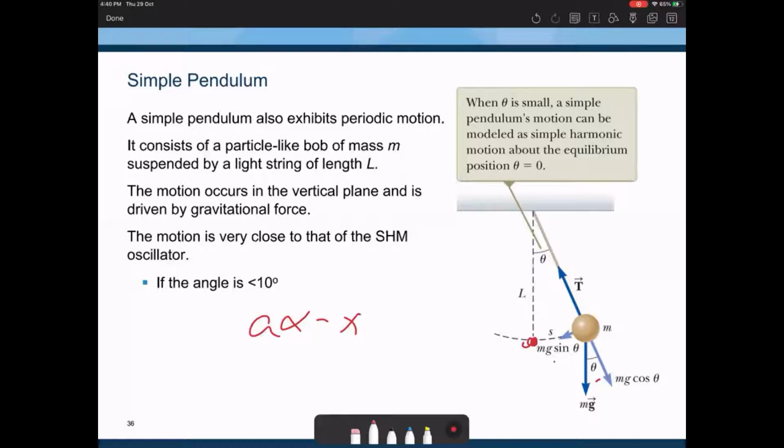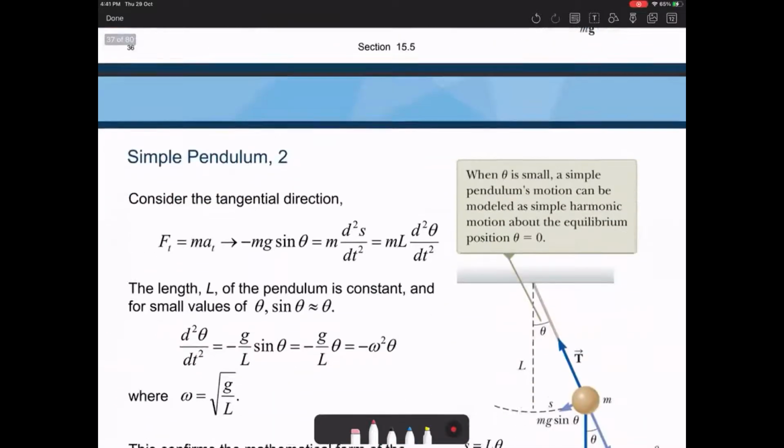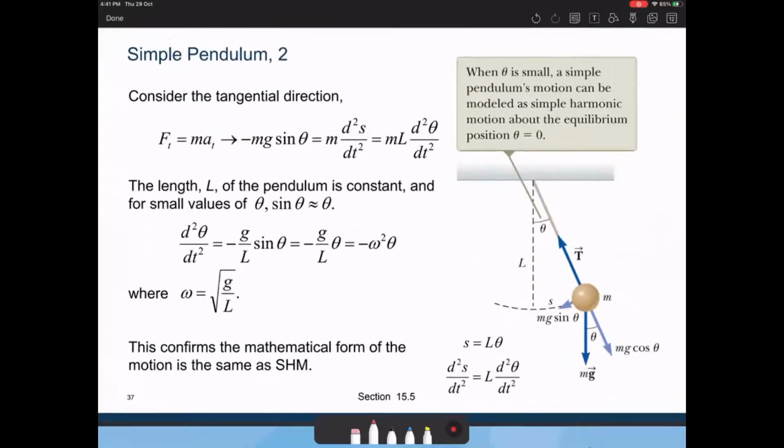So they are typically canceling one another. What is left behind, therefore, is the tangential force, mg sine theta. It is not balanced by anything, so it would really cause the acceleration of the object. So you have the acceleration in the tangential direction, ma, which is equal to minus mg sine theta.